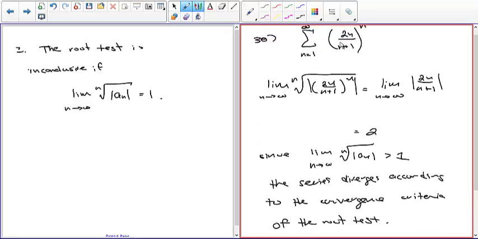If this were n plus 1 over 2n, then it would converge because the ratio would be a half.